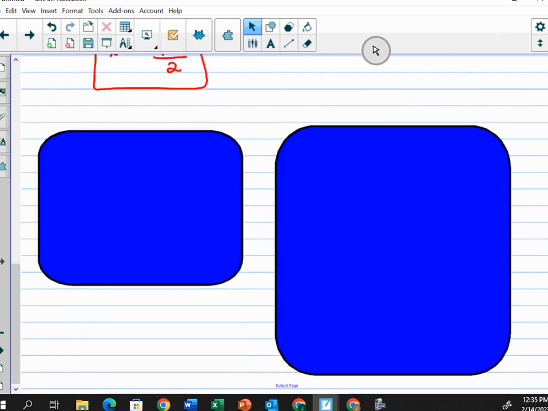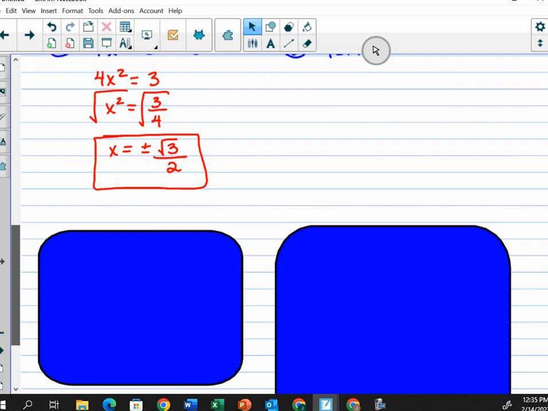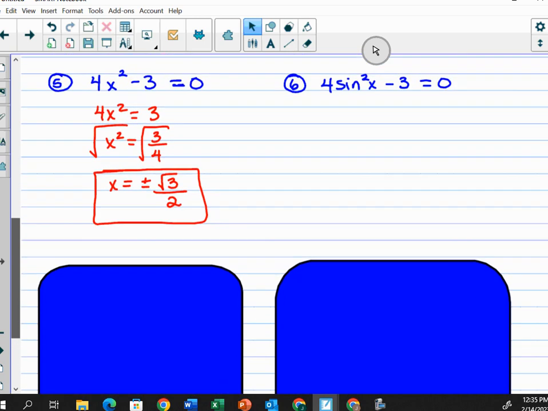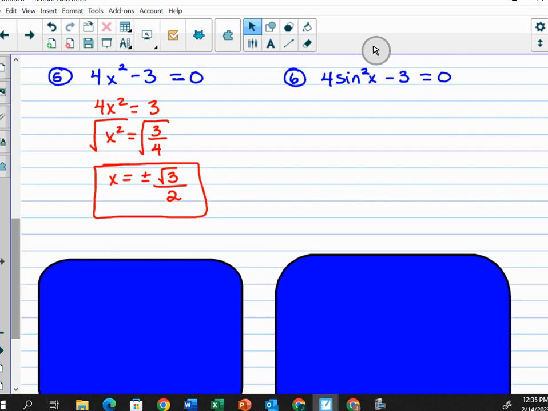Try it now with a sine squared instead of just an x squared. Then you have to simplify too.